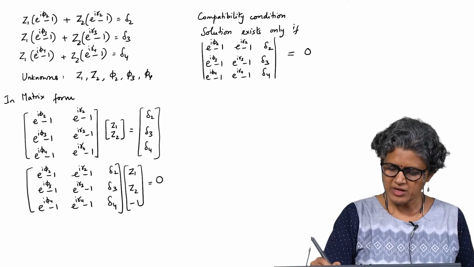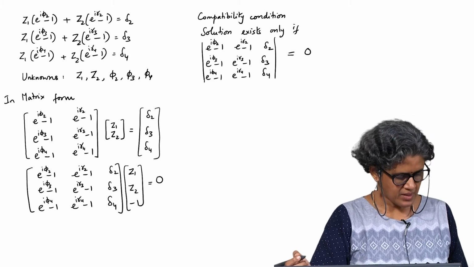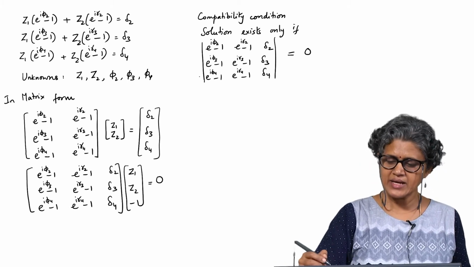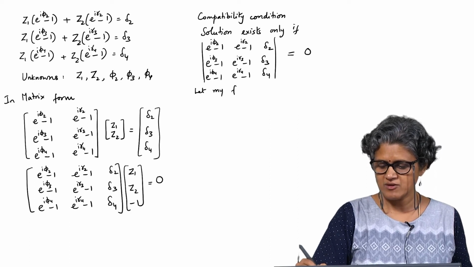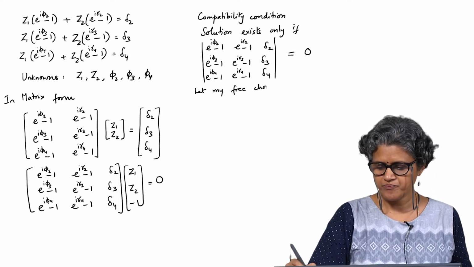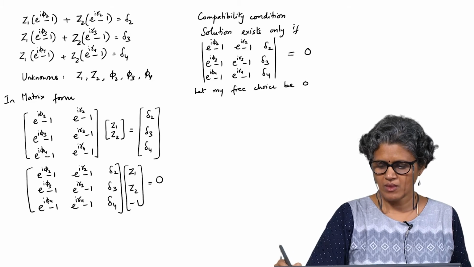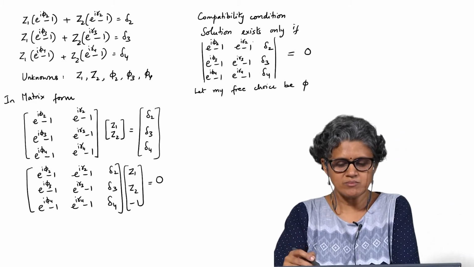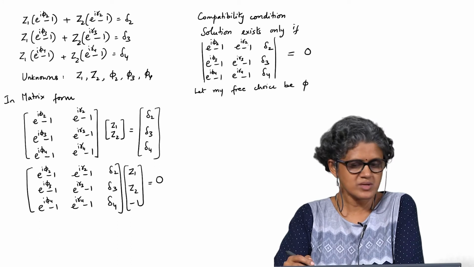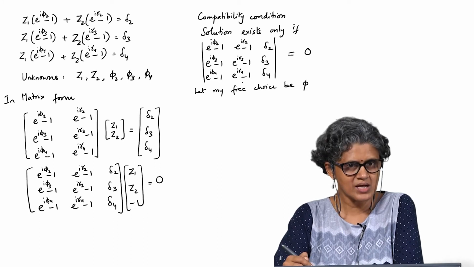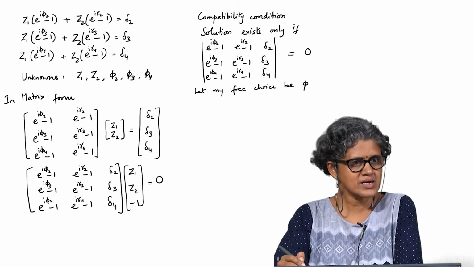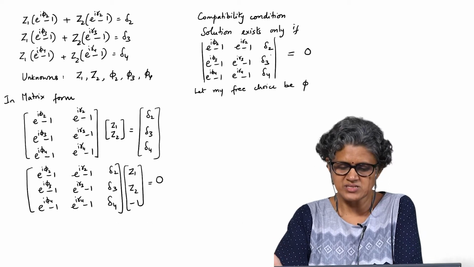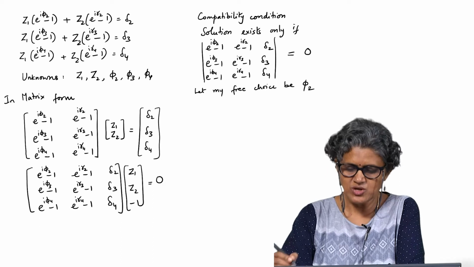So, I have only one free choice. Okay. Let us say I take, let my free choice be phi 2. So, in this the second column everything is known because gamma 2, gamma 3, gamma 4 are specified. Again third column delta 2, delta 3, delta 4 are specified. So, let my free choice be phi 2.